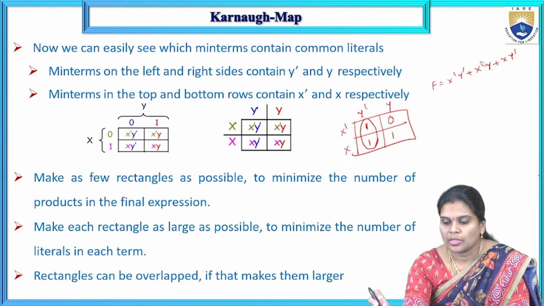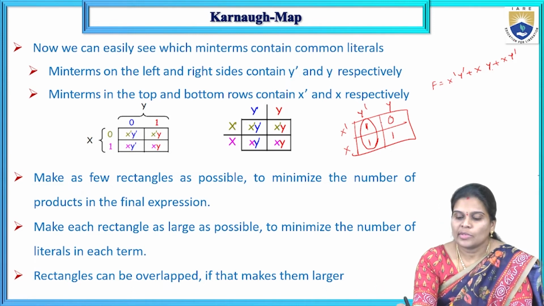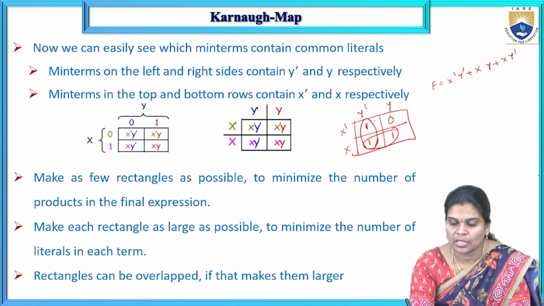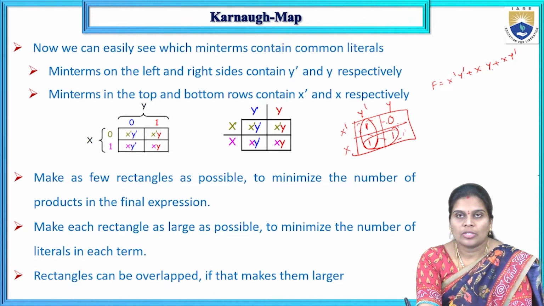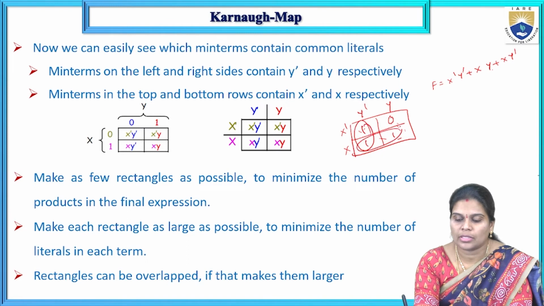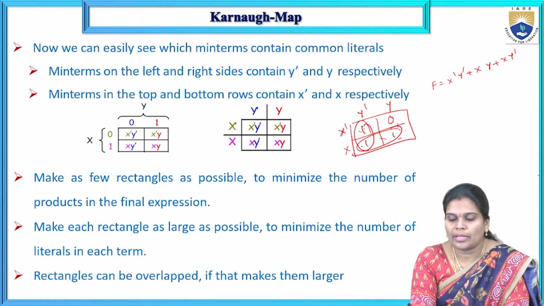These two square boxes are in diagonal form, so we cannot form a group with these two ones. Either we form these two ones or these two ones, but we cannot form these two diagonal square boxes as one group. Now I want to write the expression for these two groups.